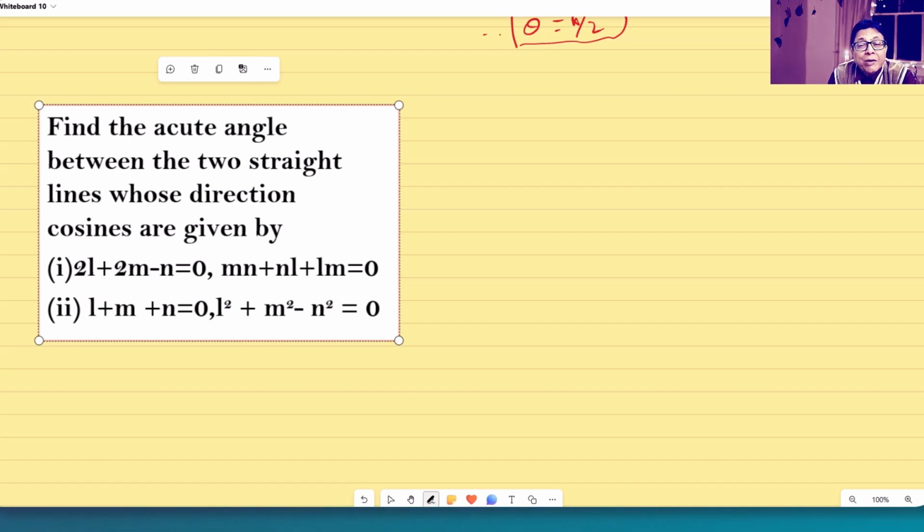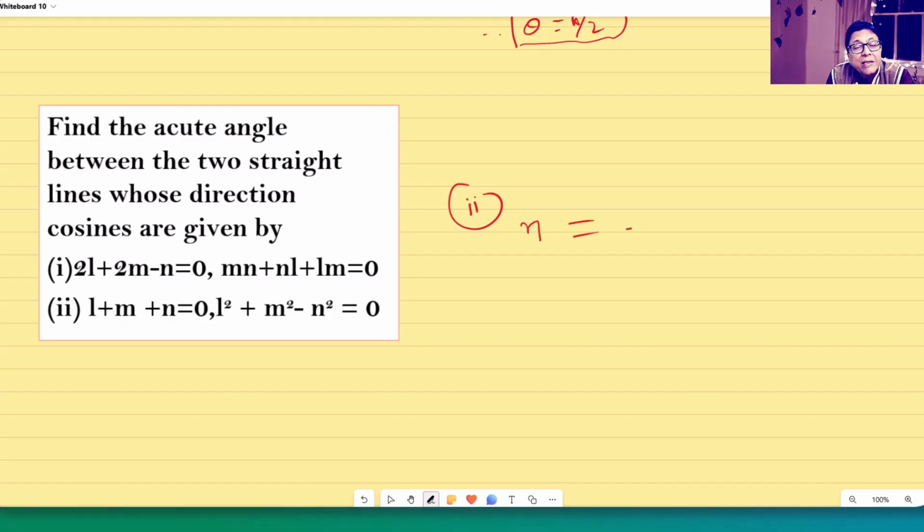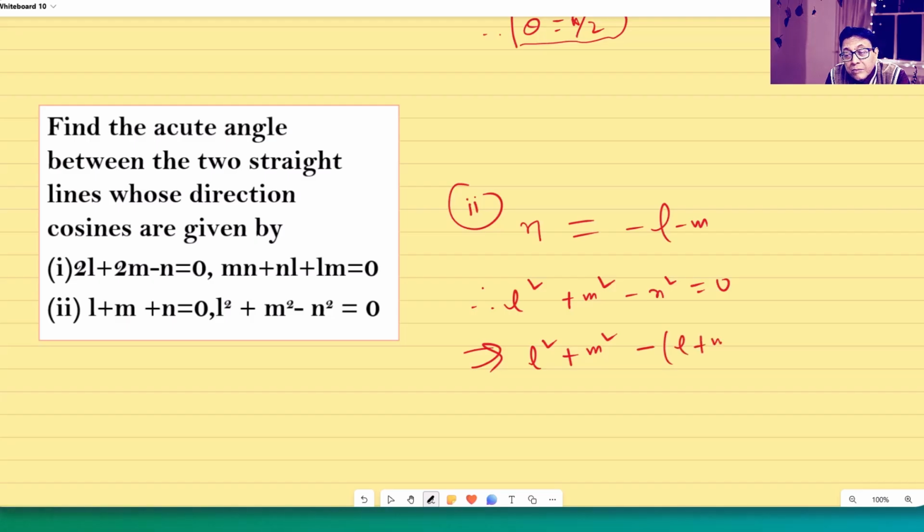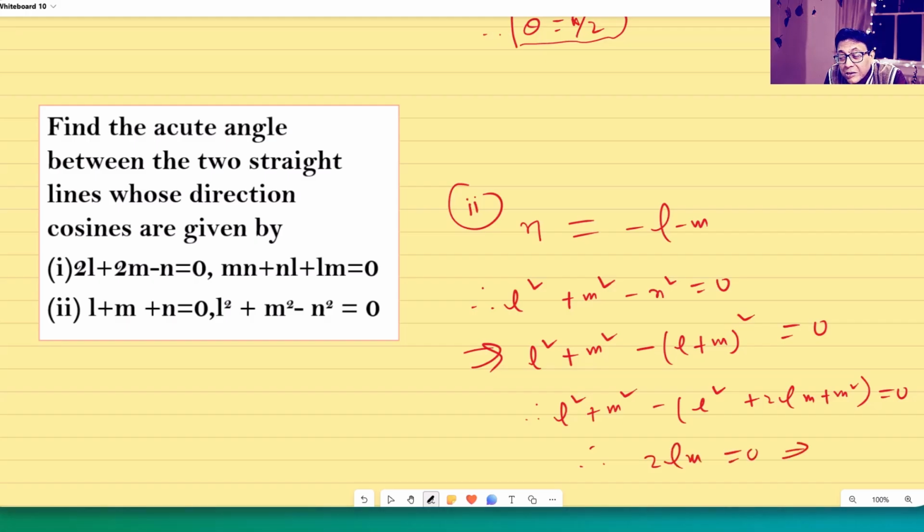Number 2, you eliminate N. From the first one, N is minus L minus M. Therefore, L square plus M square minus N square 0 implies L square plus M square minus, so you got 2LM equal to 0. This implies L is 0 and or M is 0.